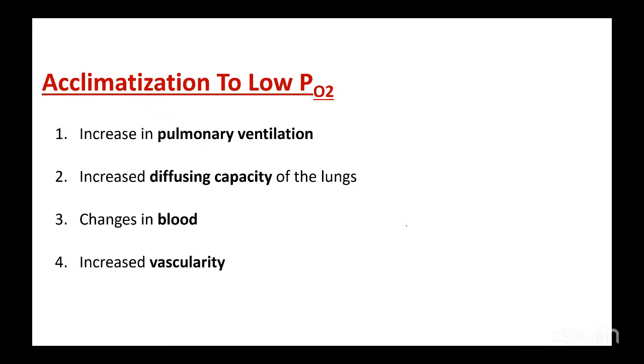We saw earlier vascular endothelial growth factor, so vascularity by itself can increase. One of the things I want you to understand is the pulmonary ventilation. Initially, there is an increase of around 1.65 times. And after 2 to 3 days, that can go up to 5 times.